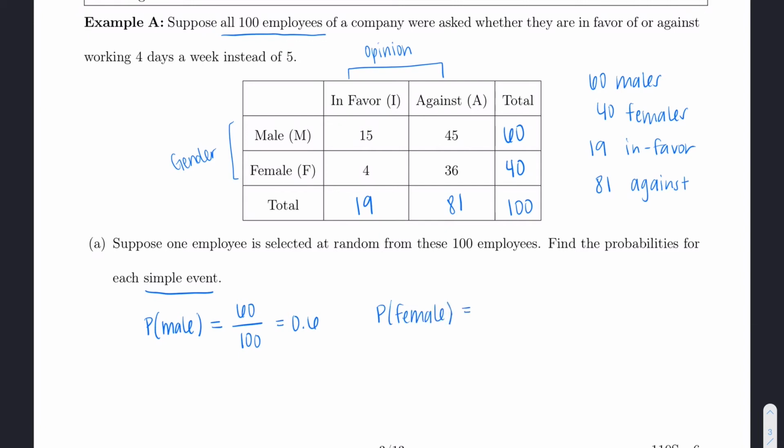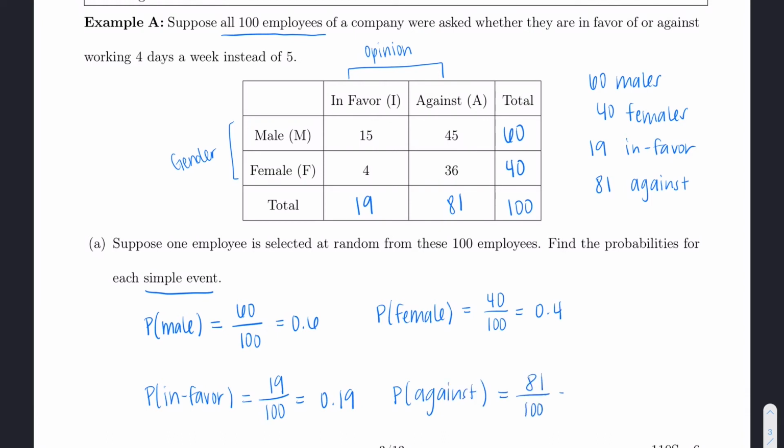Here I get 40 out of 100, which is 0.4. The probability that somebody is in favor is 19 over 100, which is 0.19. And then the probability that somebody is against is 81 over 100, which is equal to 0.81.